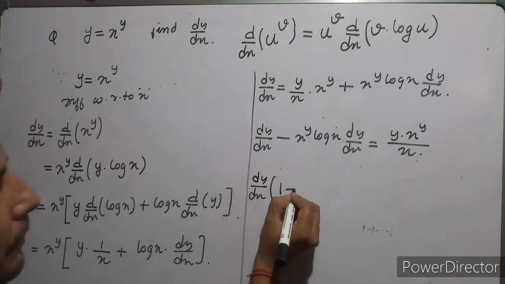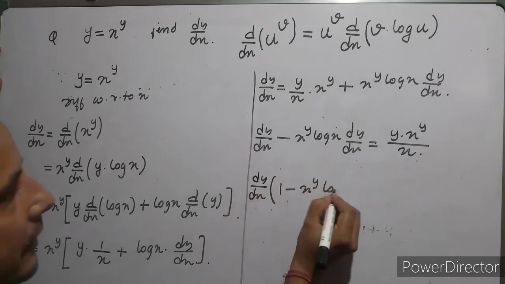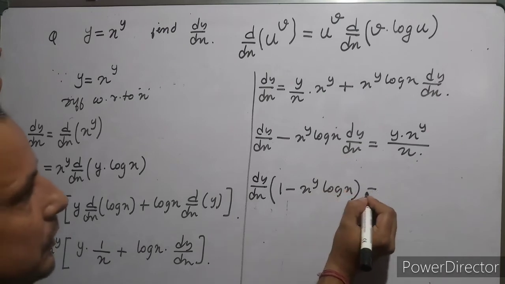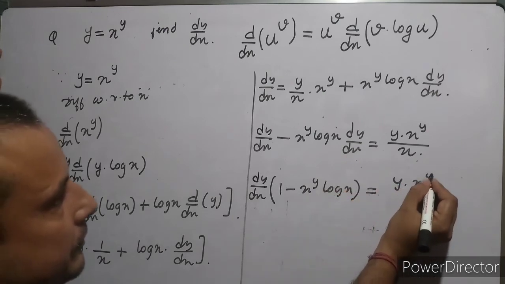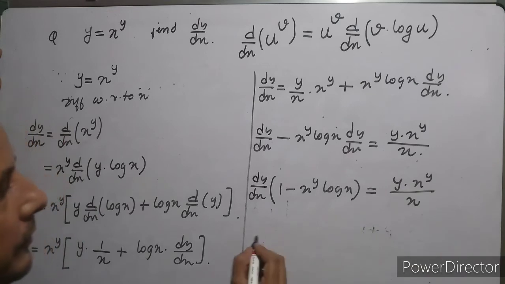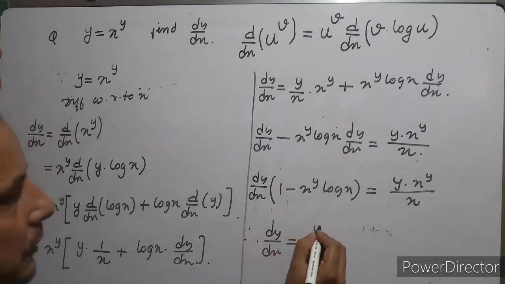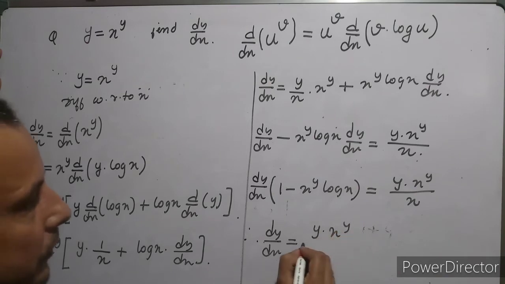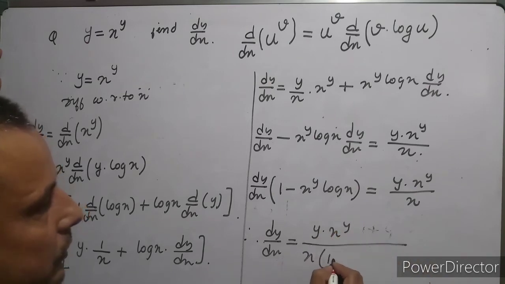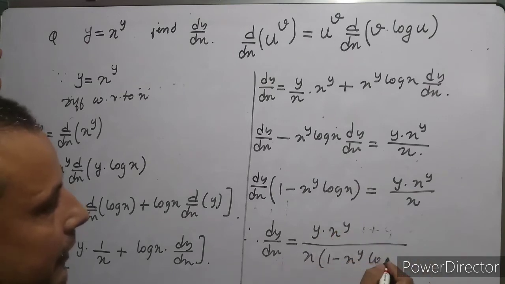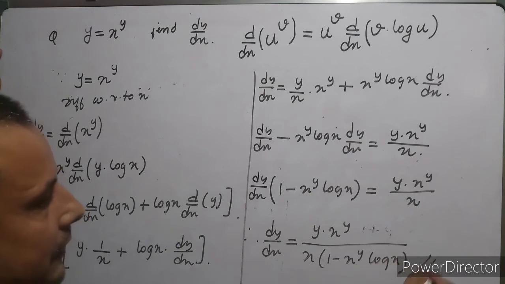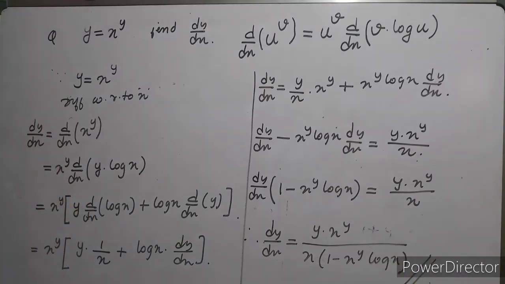If you take common, it will be 1 minus x to the power y log x equals to, therefore dy by dx equals to y into x to the power y over x into 1 minus x to the power y log x. Derivative of this kind of functions is very, very important.